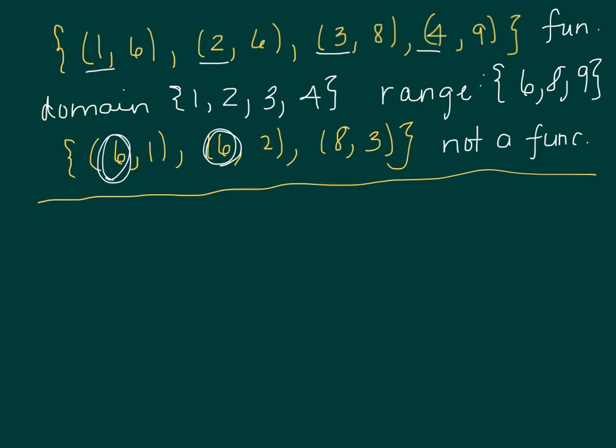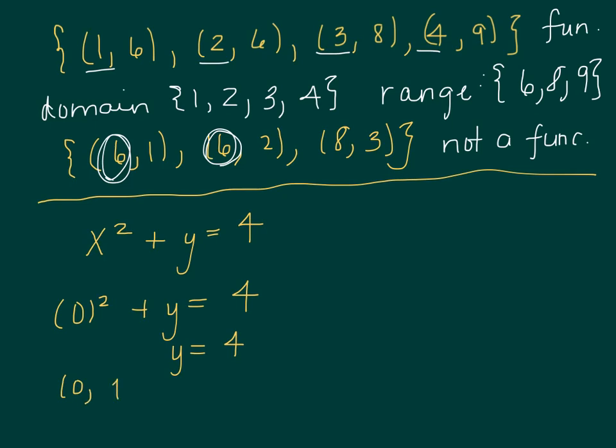Now, you can also look at it as an equation. So if you had an equation like x squared plus y equals 4, you can still check if you plug in an x value, and always use 0. And as long as you get only one y value, because 0 squared is 0, so y equals 4, that ordered pair is 0, 4.